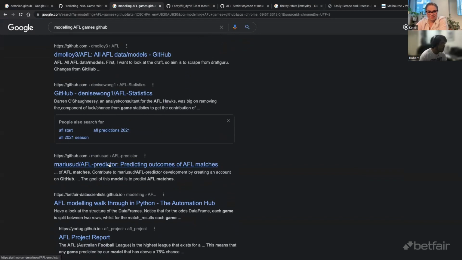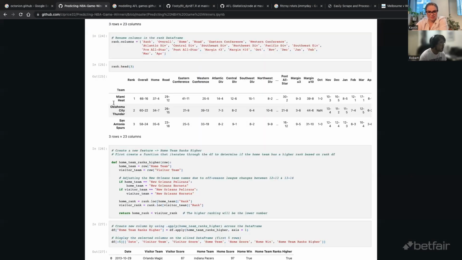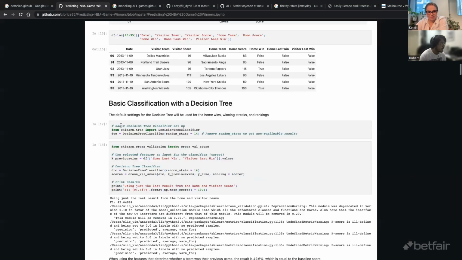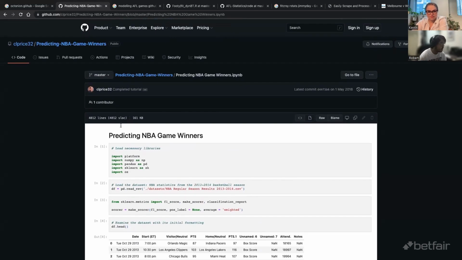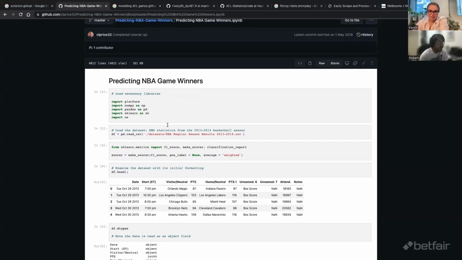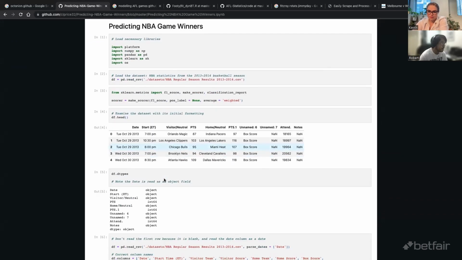Or if you wanted to, you could look at similar sports, like maybe NBA, right? NBA is also pretty modelable, and a lot of people use similar modeling techniques to AFL as they do for NBA. This one's a Python notebook, but more or less the same thing, right? Once you get your data, all you really need is an example.